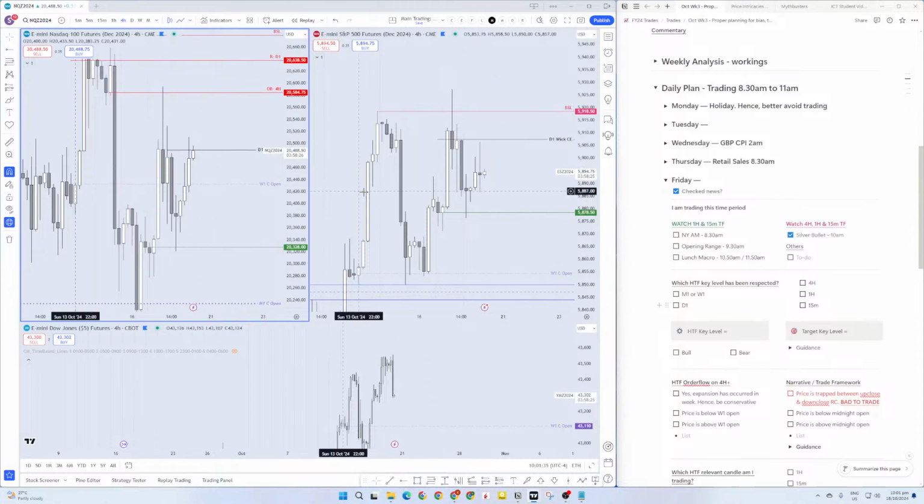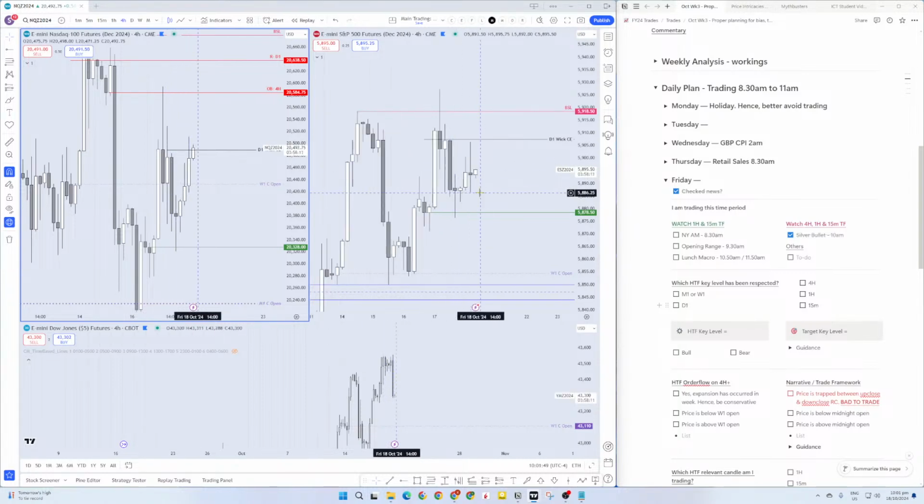Likewise, if you look at ES, same thing. Can you see that despite this being such a long bearish candle, it didn't manage to close below this wick? You can see it just wicks like this. So this alone makes me think that it is not that bearish.